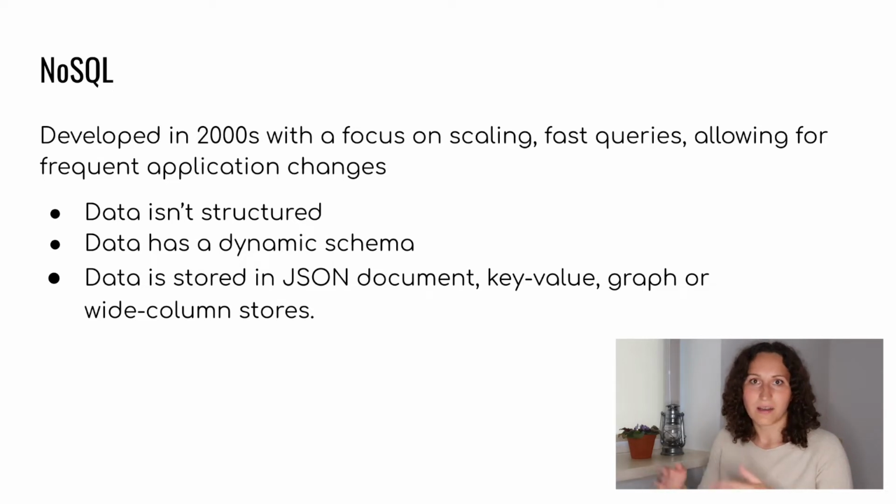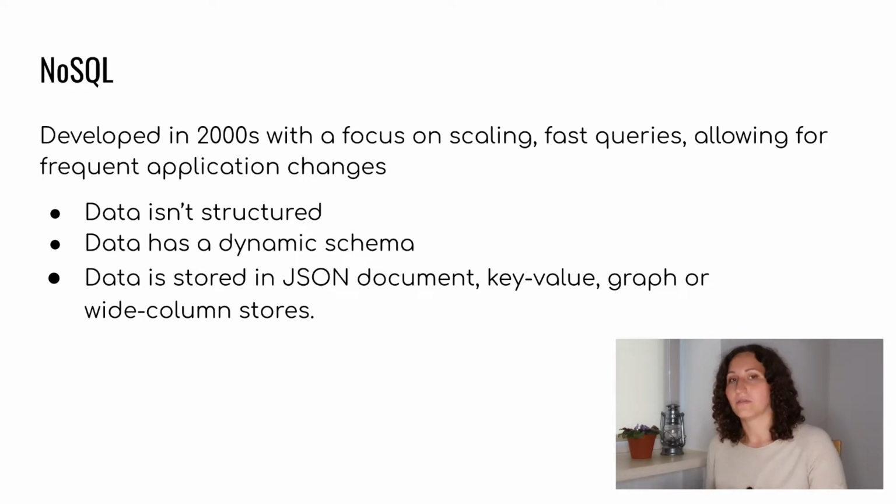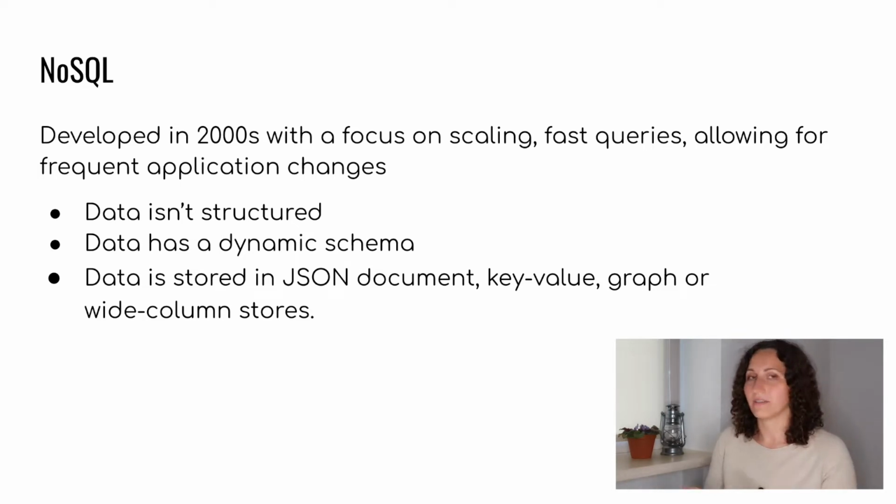You can just update it, and your previous data will still be stored in the same database. And data can be stored in any possible format. It isn't necessarily a table. It can be a JSON document, or a graph, or a key-value storage, or actually anything.